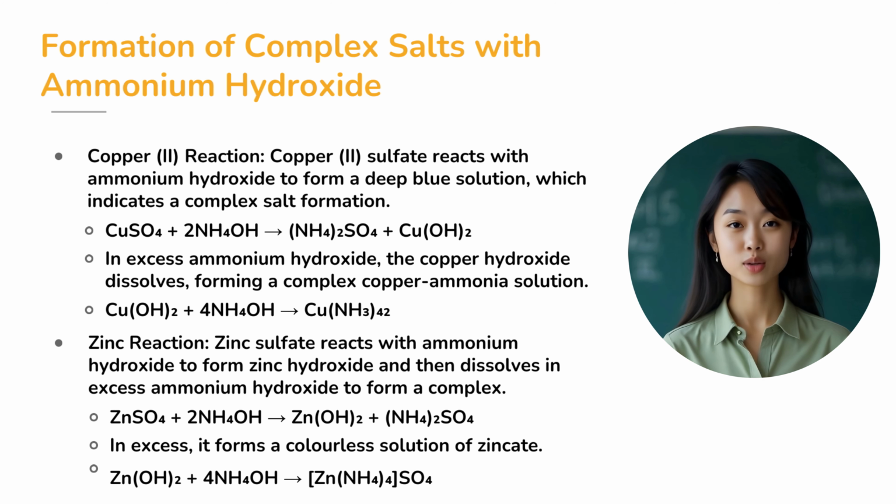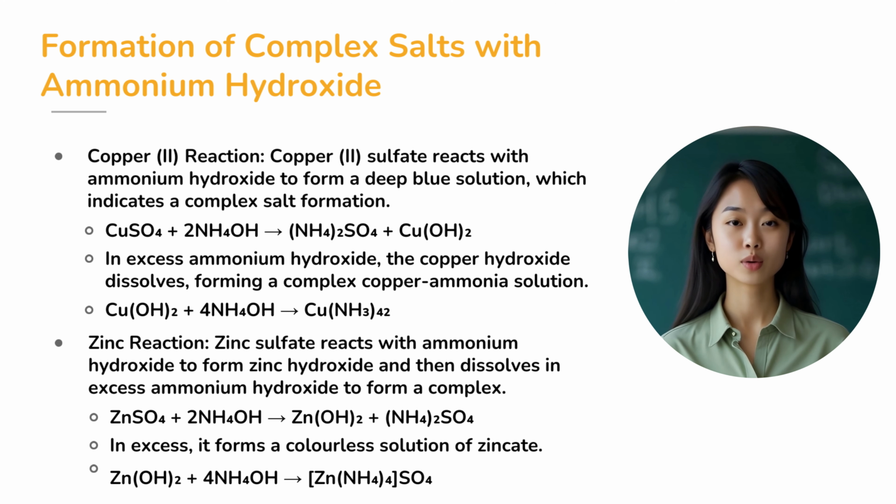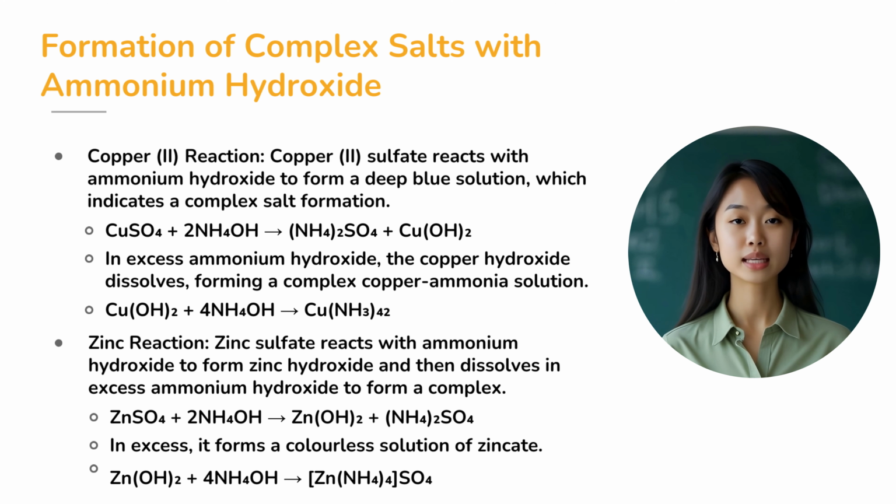Let's take a deeper look at how ammonium hydroxide reacts with copper and zinc salts, where the reaction leads to complex salt formation. For copper(II) sulfate, when ammonium hydroxide is added, copper hydroxide forms initially, but in excess, it dissolves, forming a deep blue solution of a copper-ammonia complex.